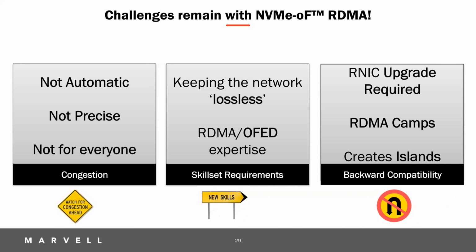Also, as Tom said, there isn't a whole lot of RDMA expertise out there, just from an install-base perspective, and consumption of the technology has not really happened. Also, there's the same point that Rob was making earlier in his talk about a customer that Pavilion Data had. There are customers who have legacy servers and legacy applications which have a long shelf life, and these servers do not have RDMA-enabled NICs.